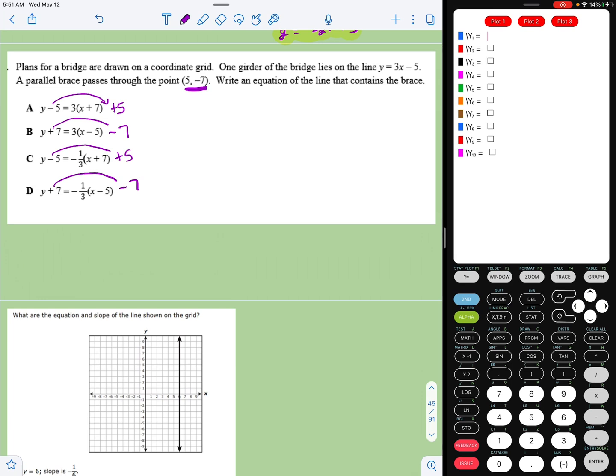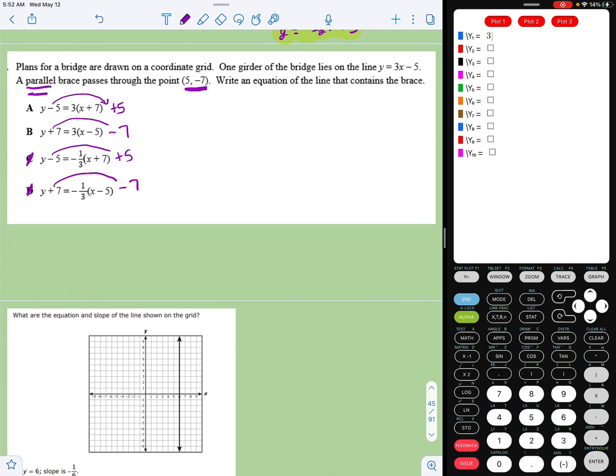So now we're going to go into the calculator, and we're going to plug in each of these answers to see which one is going to contain the point (5, -7). Now, since it said parallel, that means same slope. We can go ahead and eliminate C and D. So we're really just plugging in A and B.